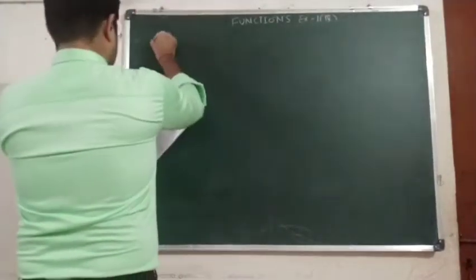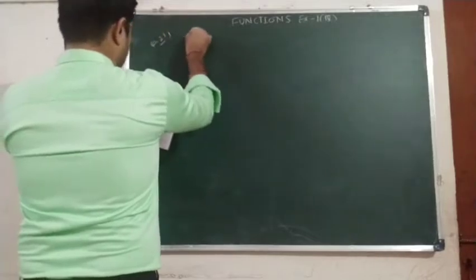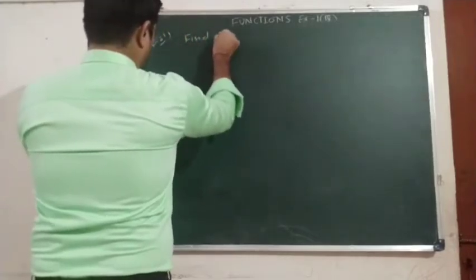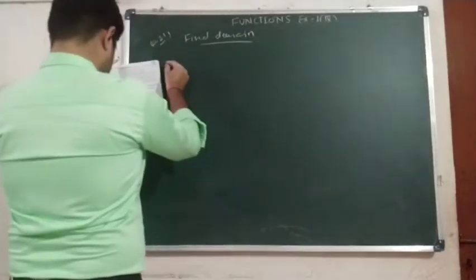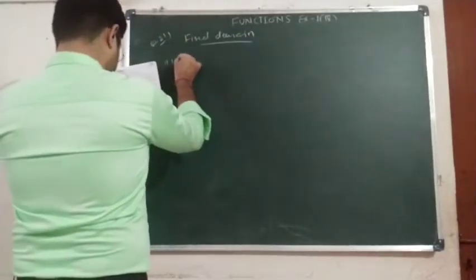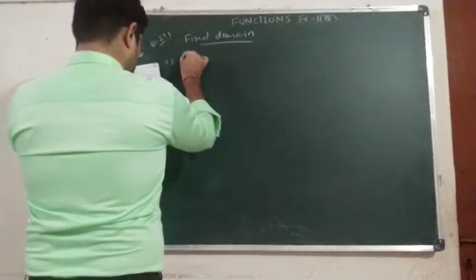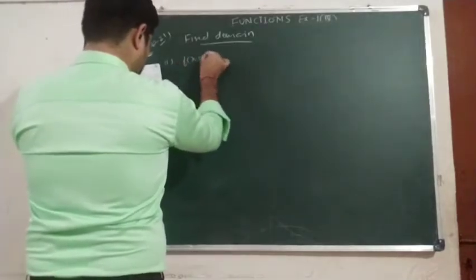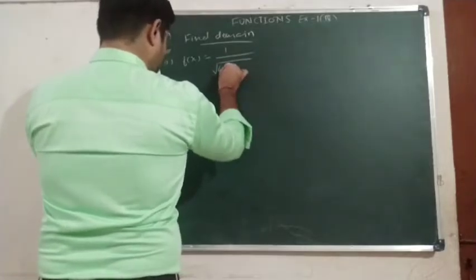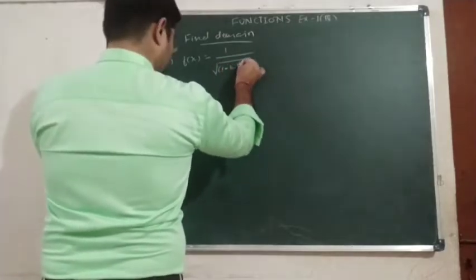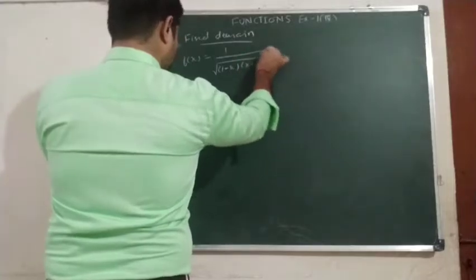Okay, question number 21, we have to find the domain. Okay, number 1, say function f of x is given to be square root of 1 upon square root of 1 minus x into x minus 2.